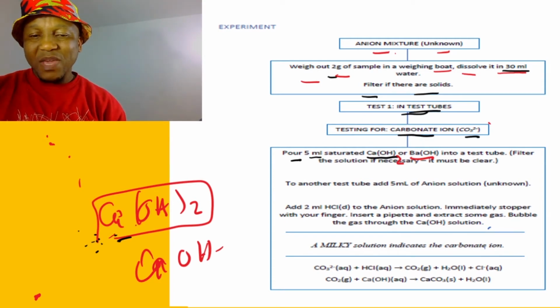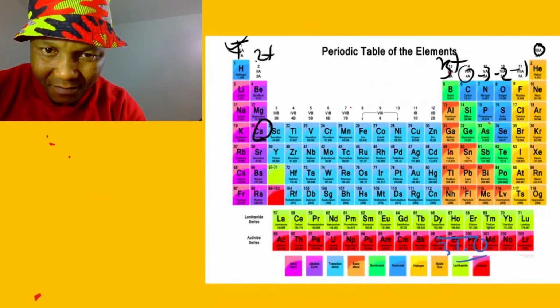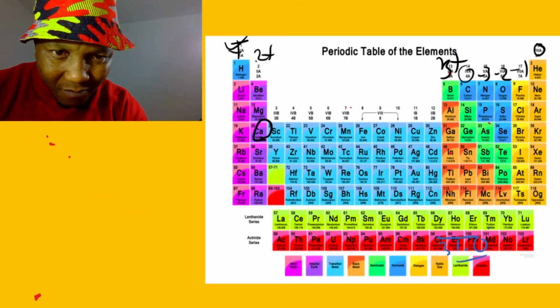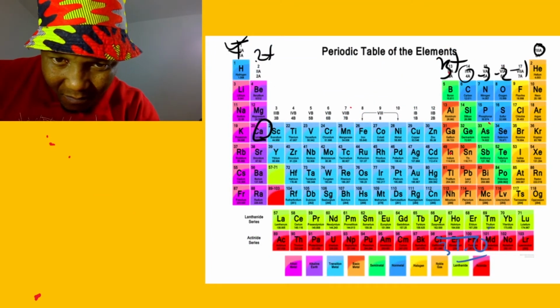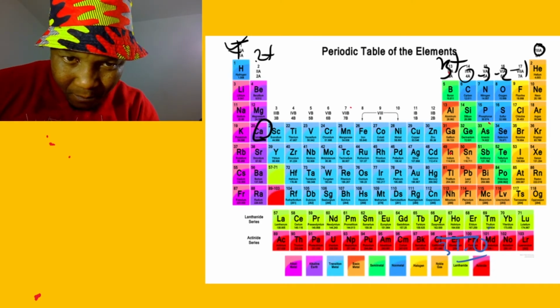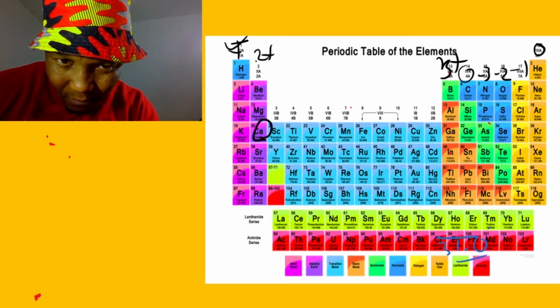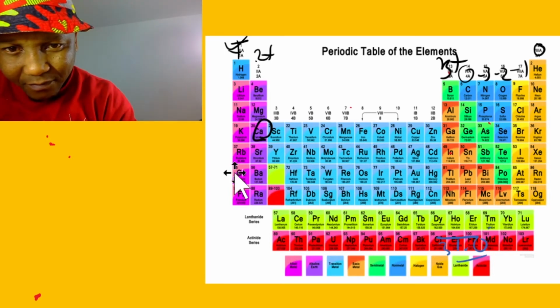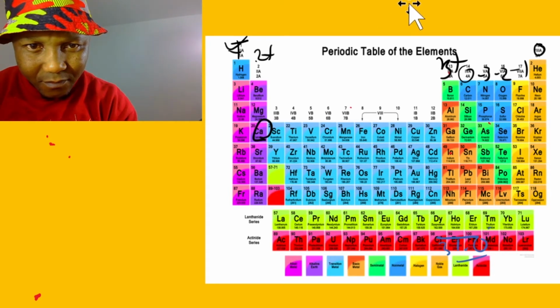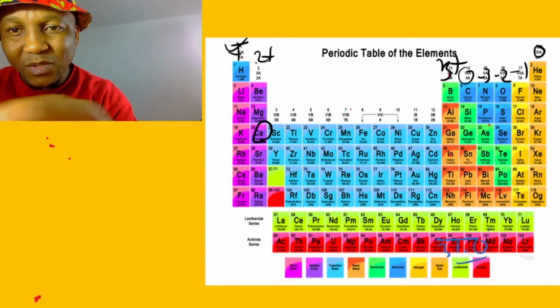Now let's go for Ba, barium. It has a valence of 2. Yeah, it must be 2.